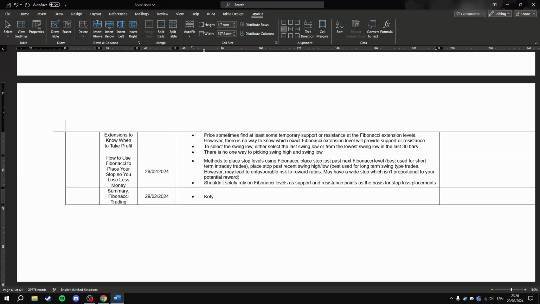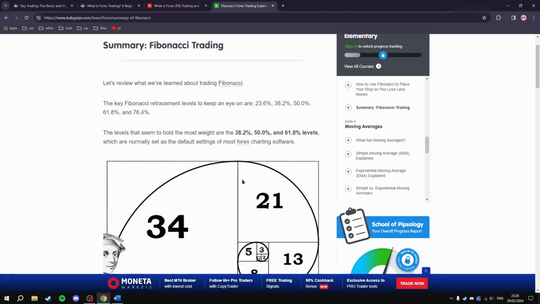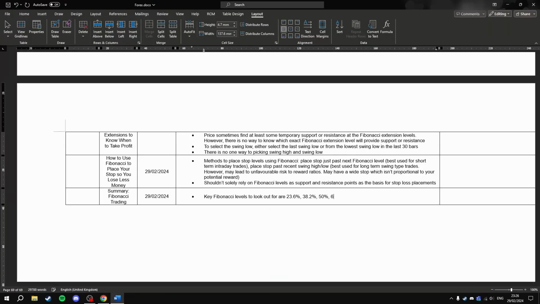So levels to look out for are 23.6%, 38.2%, 50%, 61.8%, and 76.4%.